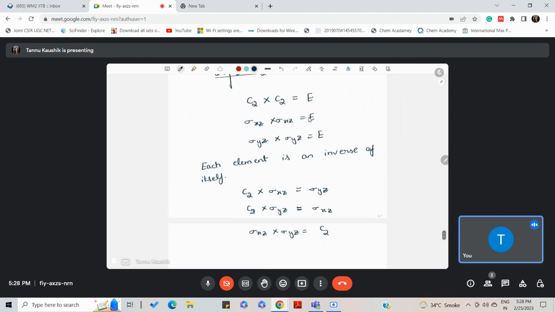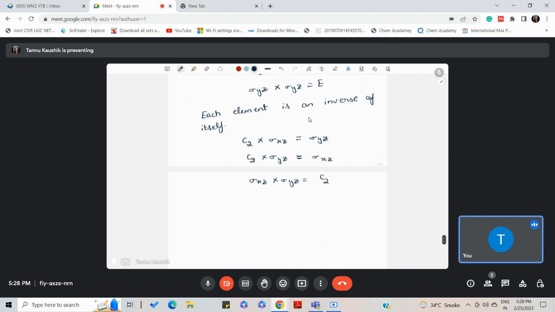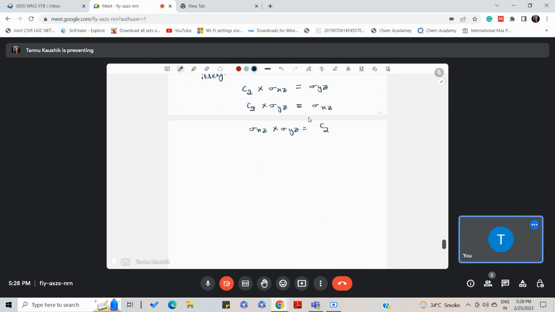So this shows that each element in this group is an inverse of itself, not any other element is an inverse of another element. So we will have to check which element present in the group is an inverse of a certain element.